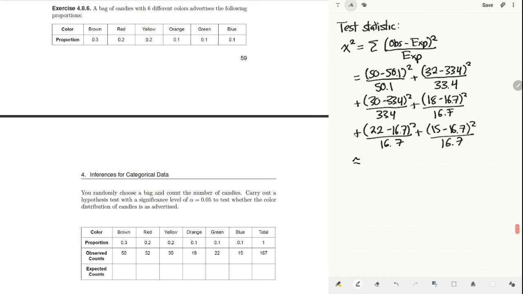So if you perform this calculation, our test statistic is 2.361, rounding to 3 decimal places.